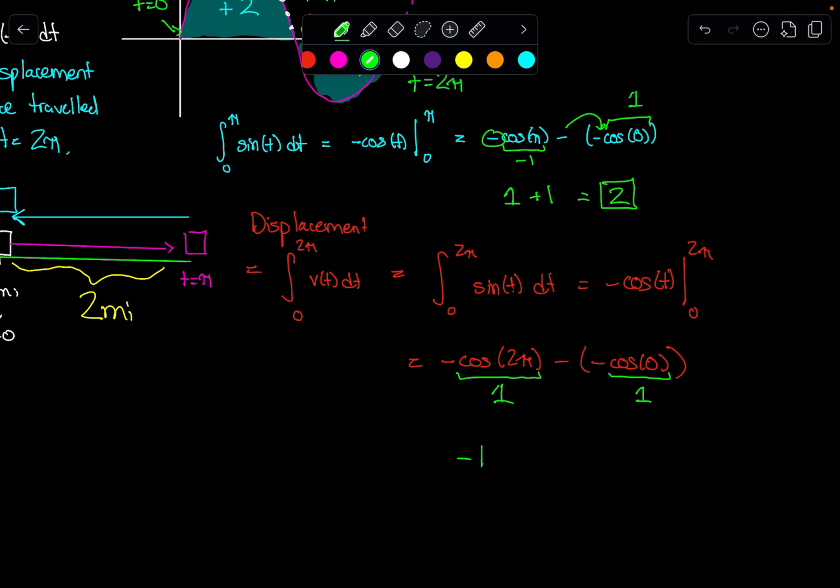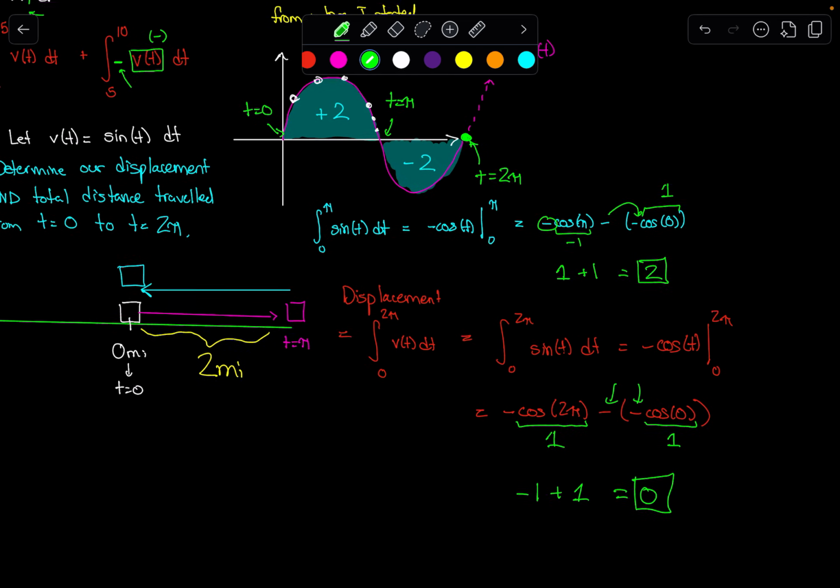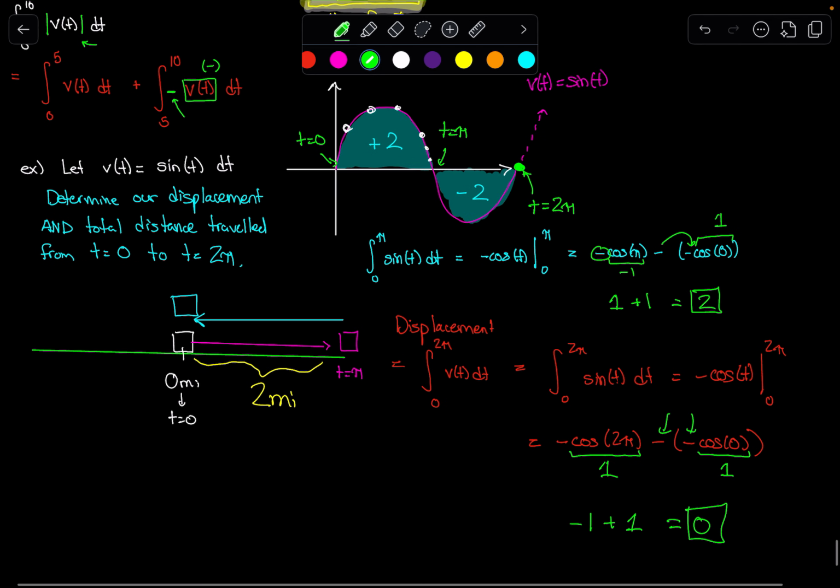So we get -1 minus a negative, which becomes a plus, so we get a +1, and that equals, sure enough, 0. And so we're getting, in this particular case, that our displacement is 0. That one makes sense, okay? So displacement ends up equaling 0, no problem.